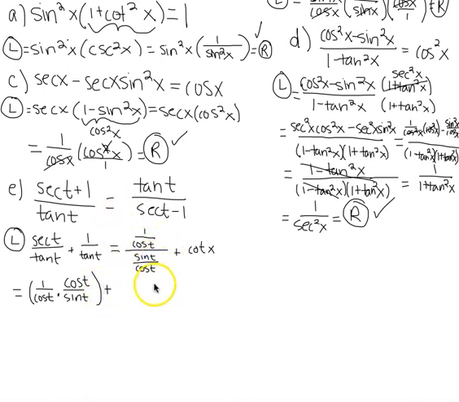Then cotangent, I know, is equal to cosine. Oops, why did I put cotangent x? It should have been t. Whoops-a-daisy. So I know cotangent t is the same as cosine t divided by sine t. So over here in the parentheses, the cosines cancel out.